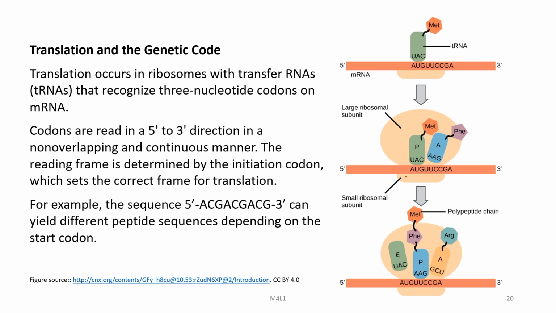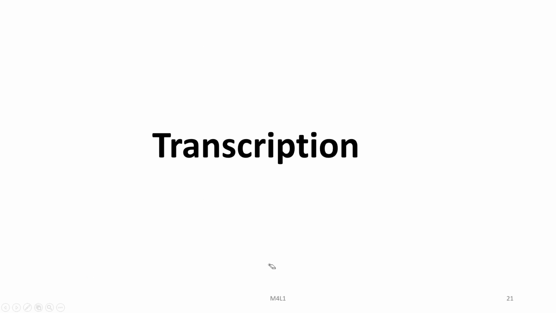You can see U pairs with A, C pairs with G over here. So, this sequence 5' ACGACGACG 3' can yield different peptide sequences depending on the start codon.